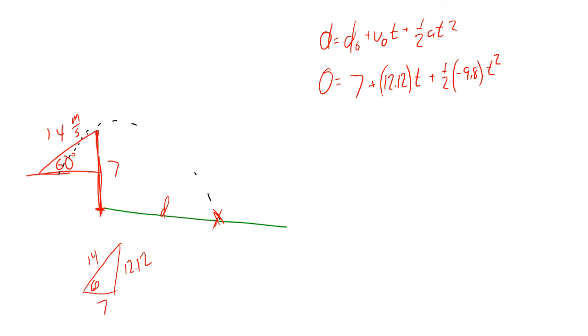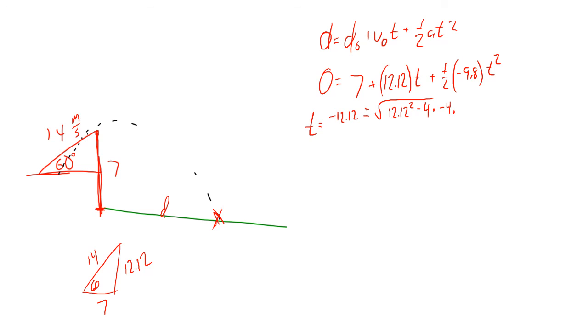T squared. Now, how do you solve for this? Well, can you feel it? Are you feeling it? You're going to need an old friend here. Your quadratic formula. Oh, yes. So negative b plus or minus the square root of b squared minus 4 times a, which is 4.9, right?